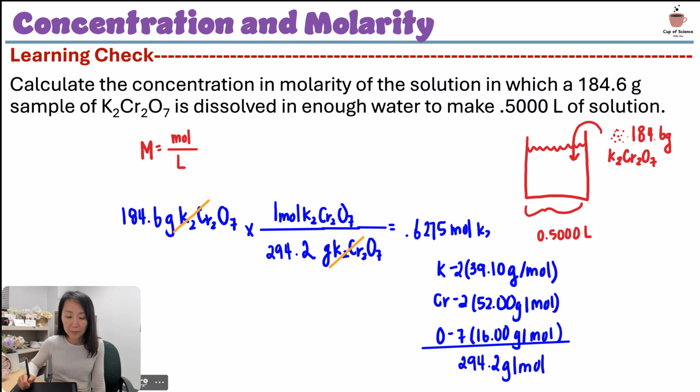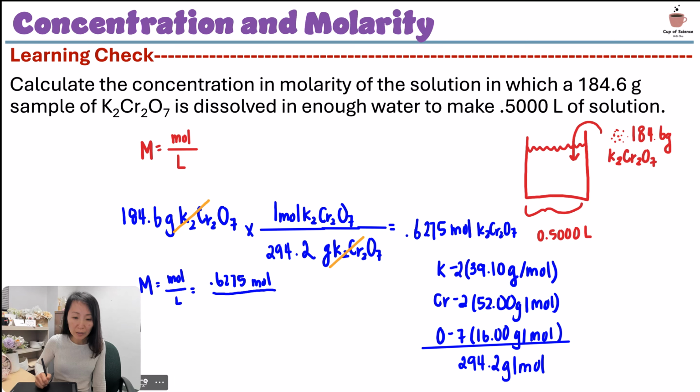Okay. But we're not done yet because it's not asking for moles, it's asking for molarity. And so molarity is equal to the moles over a liter. So therefore we put 0.6275 moles all over the 0.5000 liters. And that's coming from this solution here.